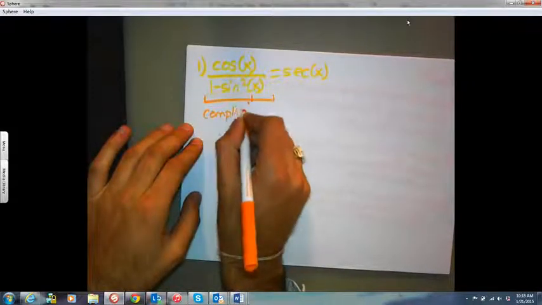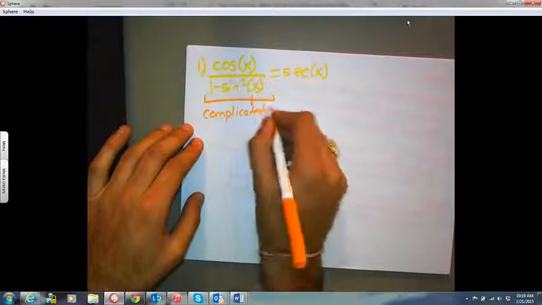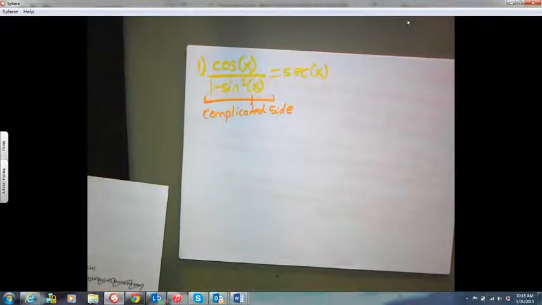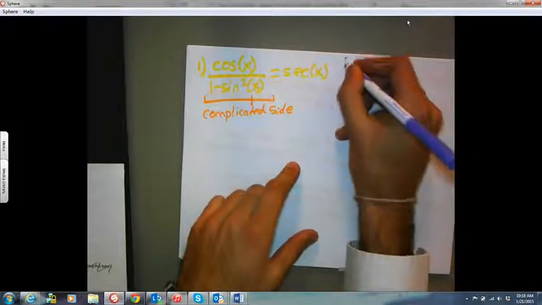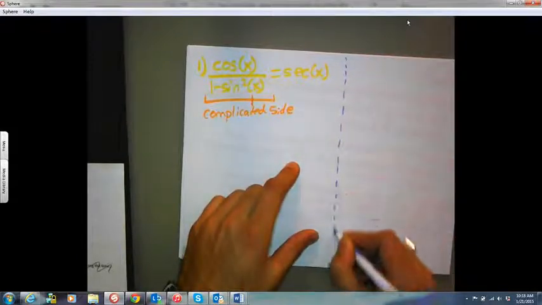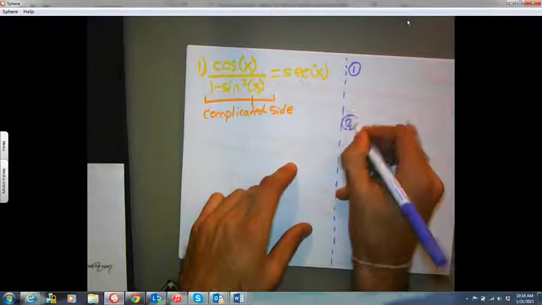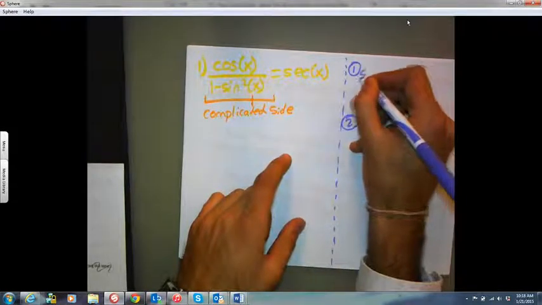The next thing we need to do is identify which, if any, identities might be helpful here. When I look at this problem, I see 2 identities I might use. The first one I see is that secant of x equals 1 over cosine of x. And there's one more. Does anybody see the other one?